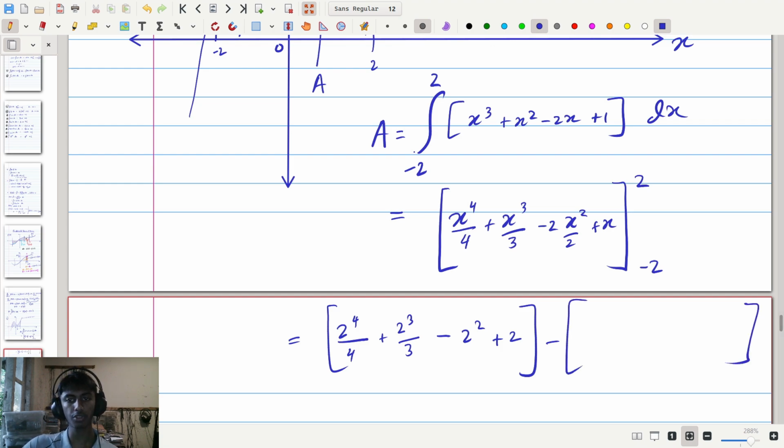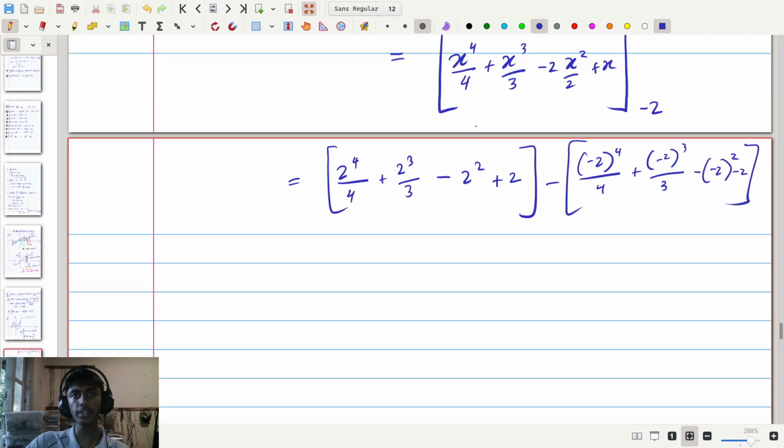So therefore from this we have to subtract, substituting negative 2 into here, we have negative 2 to the power of 4 over 4 and then plus negative 2 cubed over 3 and minus, here cutting the negative 2, so all we have here is negative 2 squared and plus negative 2, so I'll just put that as minus 2.